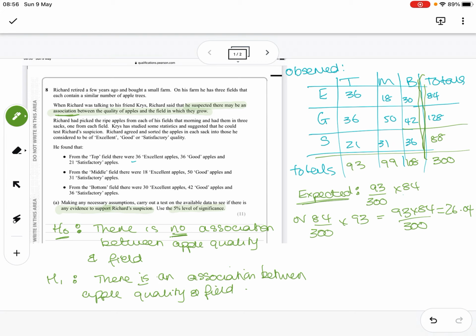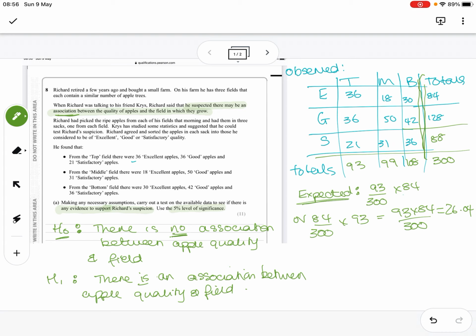Now we're just going to go to our calculator. In the maths option, we tick matrix, put in a 3 by 3 matrix and enter all the details. After that, we go to the stats option and choose the chi two-way table test, which is what this is.